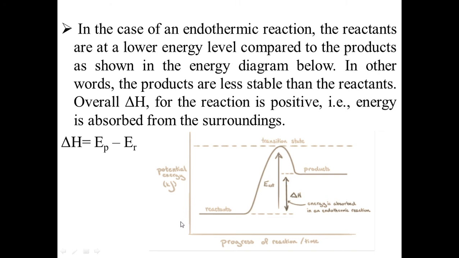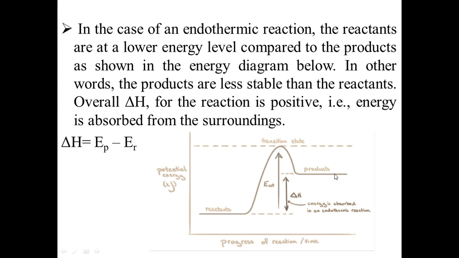Next, this is the energy diagram of an endothermic reaction. Here, the energy of reactants is low compared to the energy of products. The reactants absorb energy from the surroundings and are converted into the transition state, then it decomposes into products.